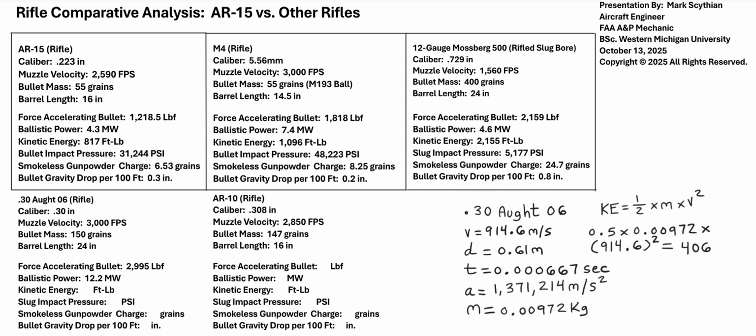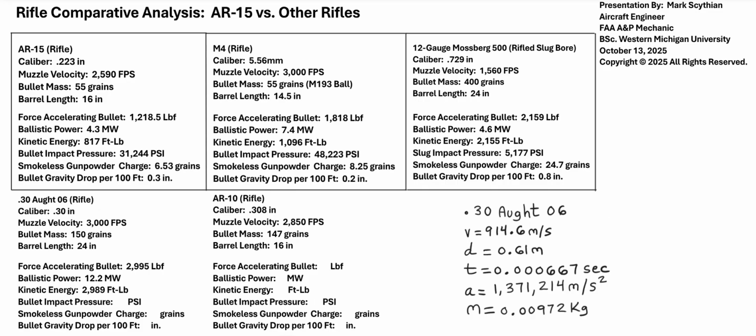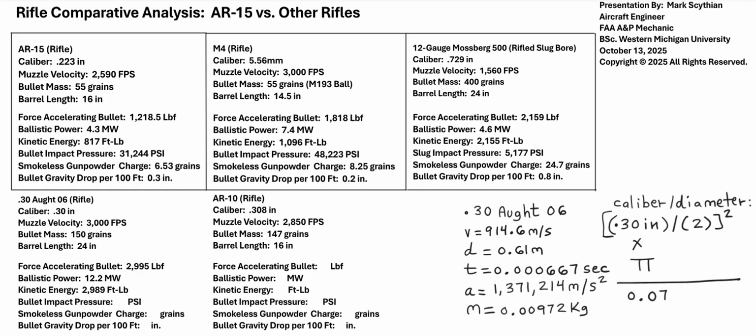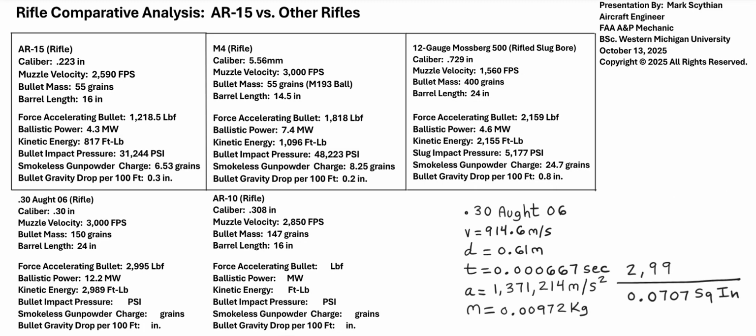So the kinetic energy of the 30-06 round, we have 4065 joules. We divide that by 1.36, so this becomes 2989 foot-pounds. Caliber diameter, so that's the 0.3 inches divided by 2 for radius, then squared times pi, so 0.0707 square inches.